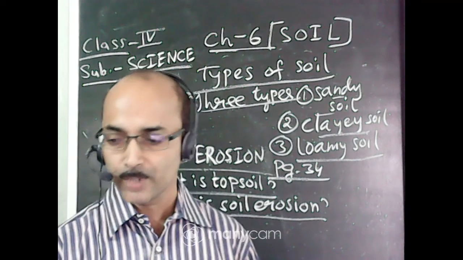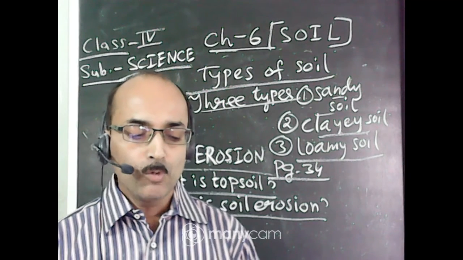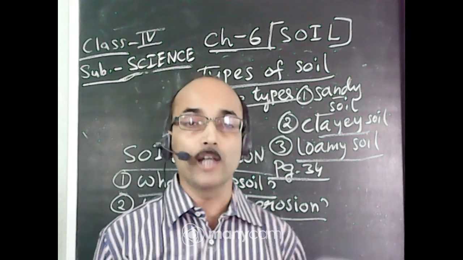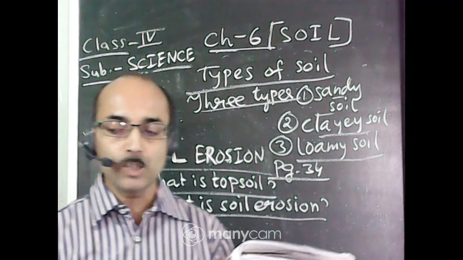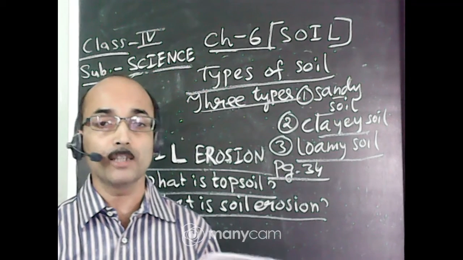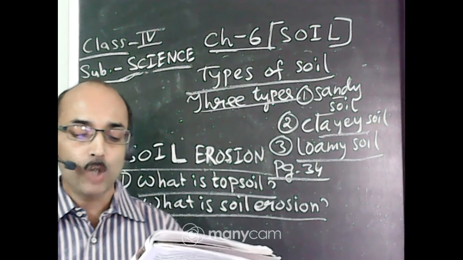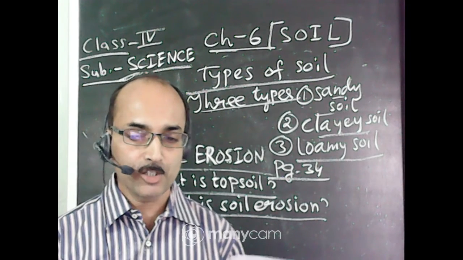Now we learn the causes of soil erosion. This is also very important. The main causes of soil erosion are: number 1, strong wind.